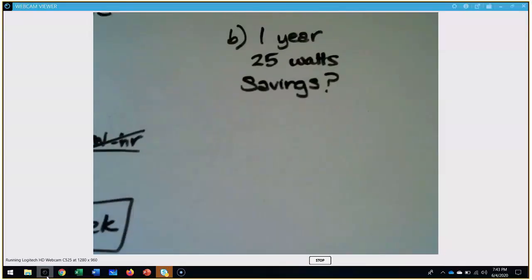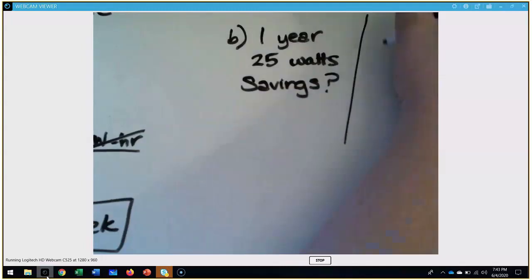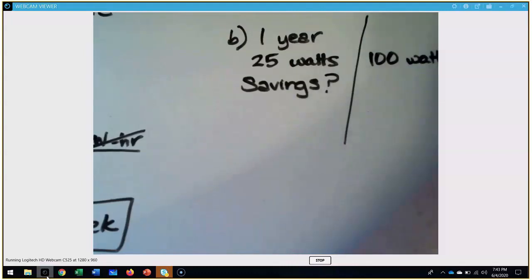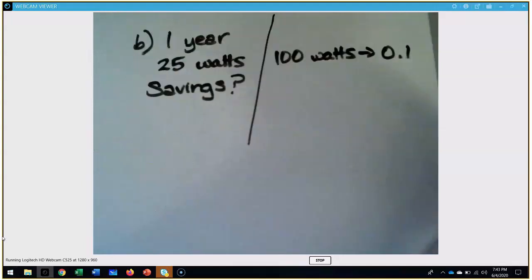Now, since we've already done some heavy lifting from the other question, we won't have to do all of this all over again. So let's go back here. In the previous problem, we started out with 100 watts, and it became 0.1 kilowatts.